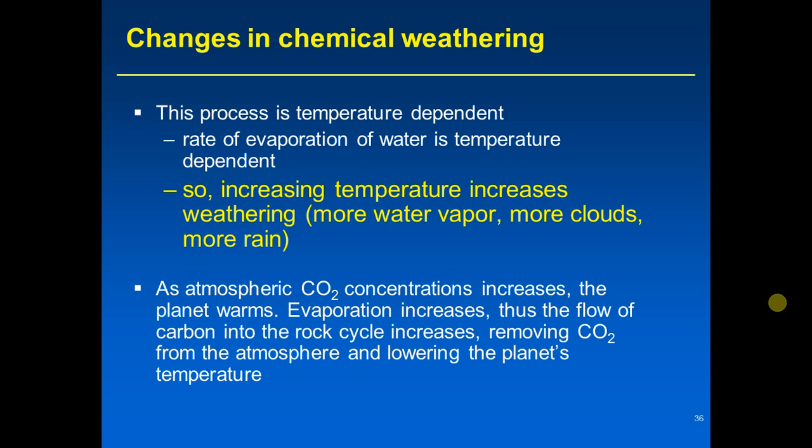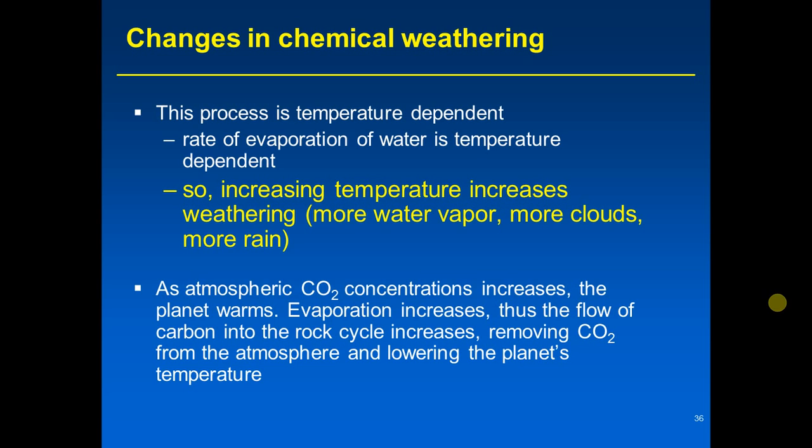Now, what you have to remember is that chemical weathering removes carbon dioxide from the atmosphere, right? How does chemical weathering affect the amount of carbon dioxide in the atmosphere? It lowers it. Because during chemical weathering, that carbon dioxide from the atmosphere combines with water, rain, to produce carbonic acid, which then erodes the silicate rock and the solution is transported to the ocean.